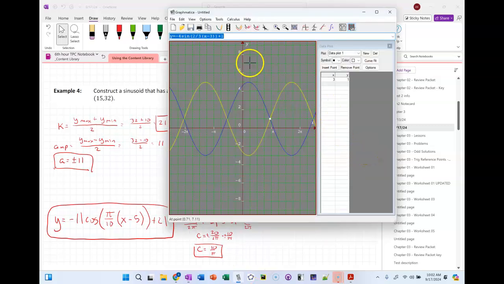And just to illustrate this for us, let's get rid of these guys. We had 5, 10, and then 15, 32. I'm going to have to zoom this out in a minute.